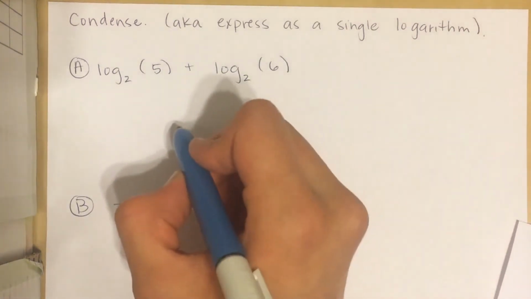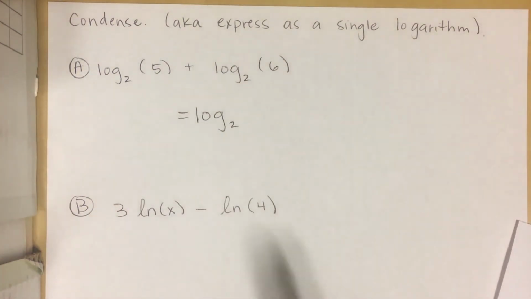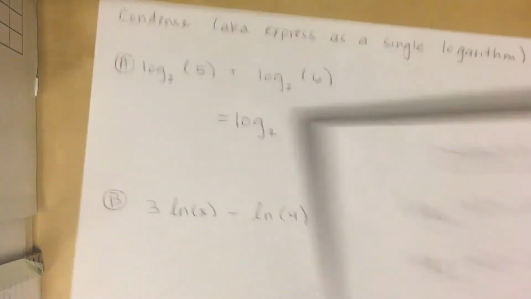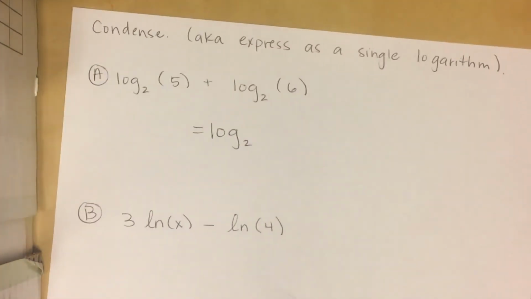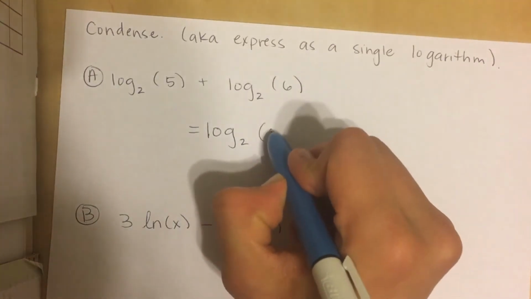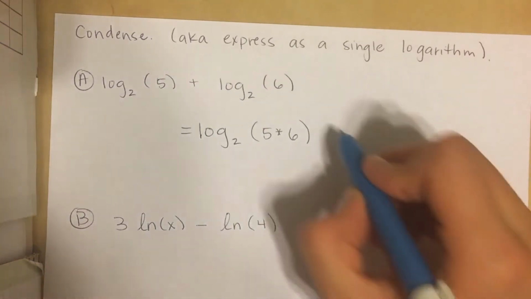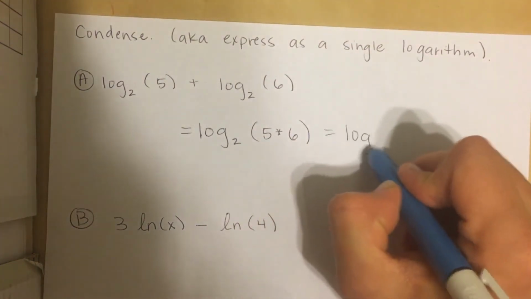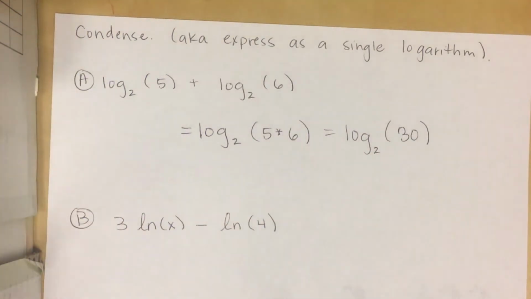I can write it as one single logarithm. And because I'm adding here, you multiply the 5 and the 6 together. And because you can actually multiply 5 times 6, it's silly to leave it separated like that. So 5 times 6 is 30.